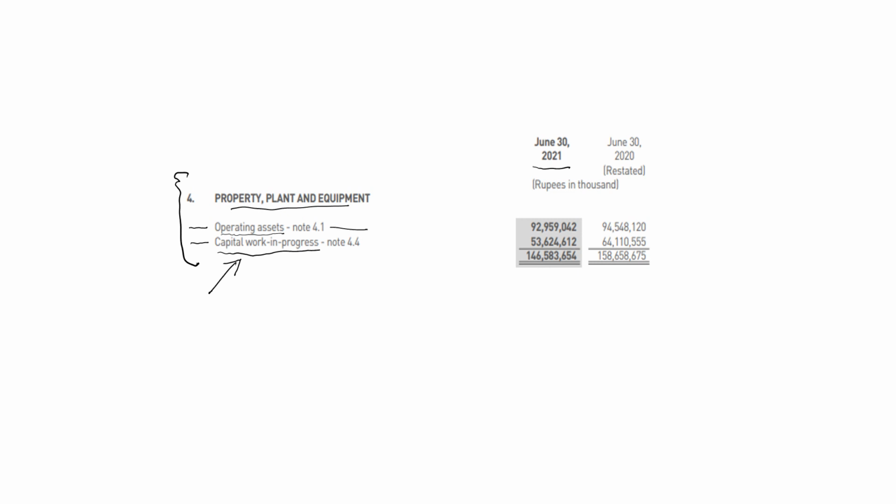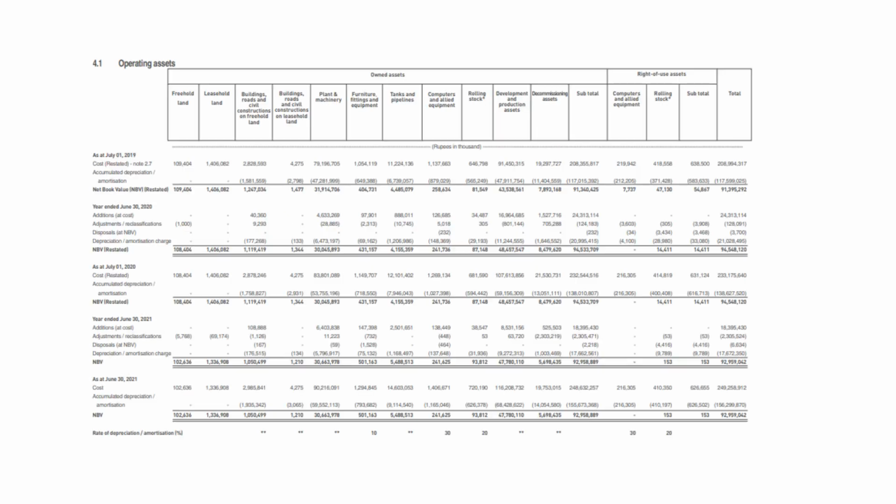As far as the operating assets are concerned, if we look into detail of these operating assets, you can see that these operating assets are further classified into classes as owned assets or assets with the right of use, or further into classes of freehold land, or for example buildings or plants and machinery or furnitures, etc., based on a similarity in their nature and use.